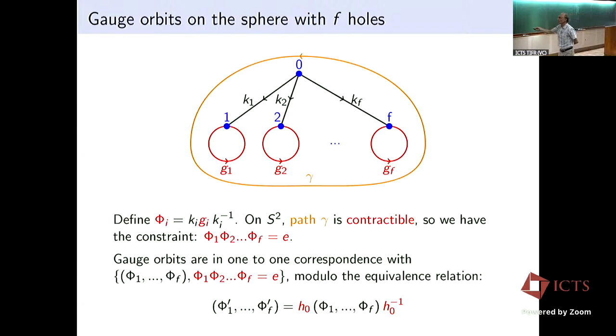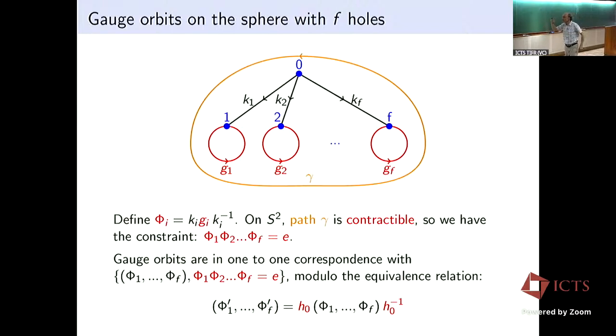So gauge orbits are in one-to-one correspondence with the F-tuples of group elements subject to the product constraint phi1, phi2, ..., phiF equal to e, the neutral element, modulo the equivalence relation that these F-tuples are conjugated by a common element h0.